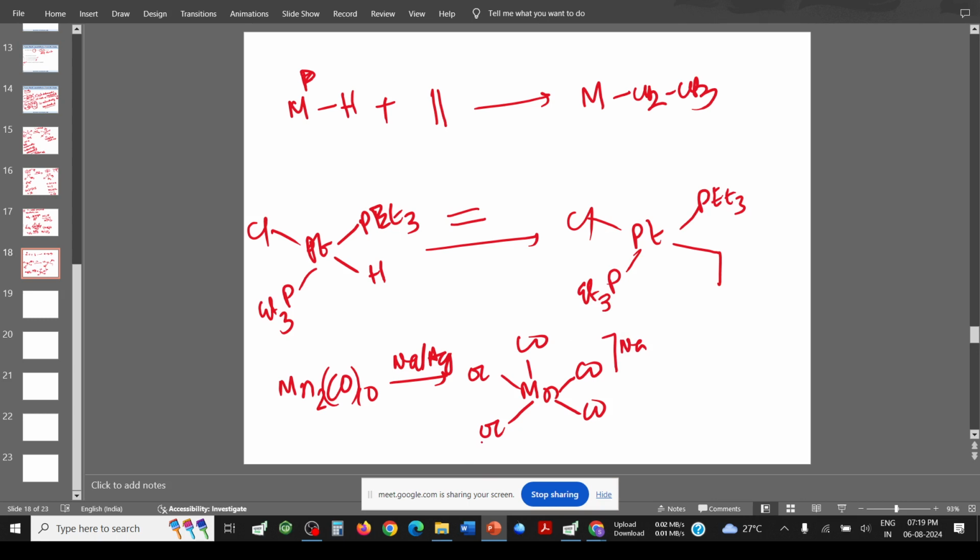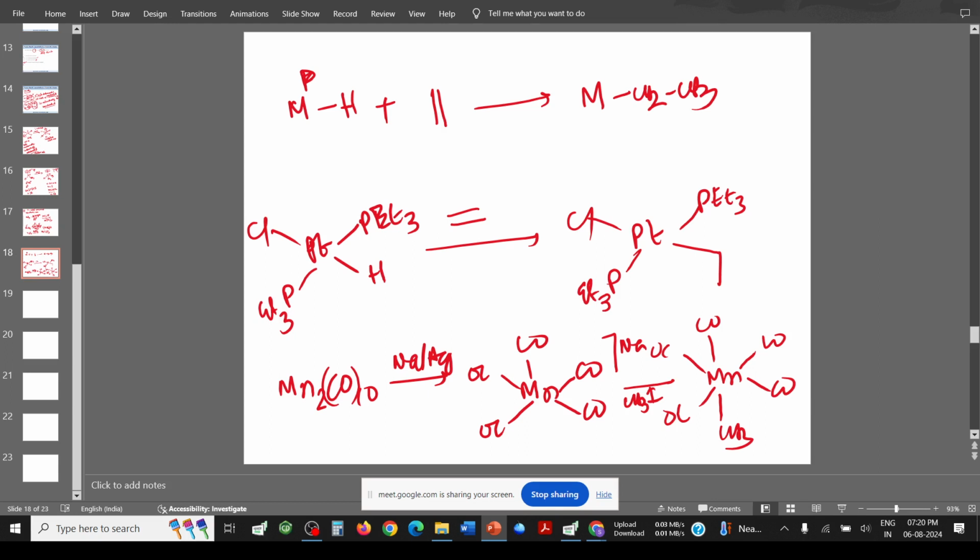This is the reduced metal center. Now this metal center can undergo the same kind of reaction to give Mn(CO)5CH3 in presence of methyl iodide.